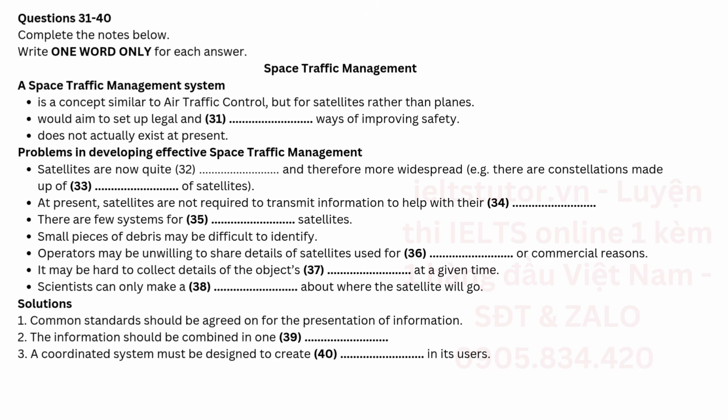For example, a satellite may be designed for military purposes, or it may have been launched for commercial reasons, and the operators don't want competitors to have information about it. And even if the operators are willing to provide it, the information isn't easy to collect. Details are needed about the object itself, as well as about its location at a particular time.